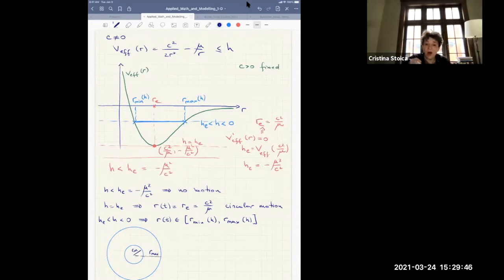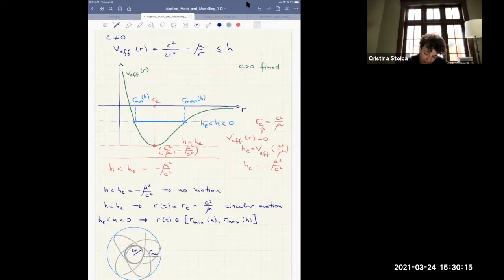And now how does the orbit look from what we know up to now? It varies in between R min and R max, and it's a continuous path. So I would think that it would look something like this.